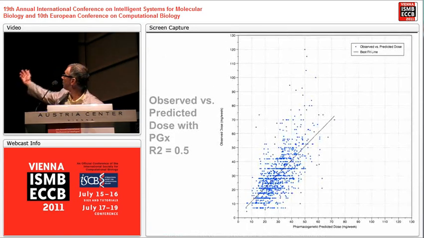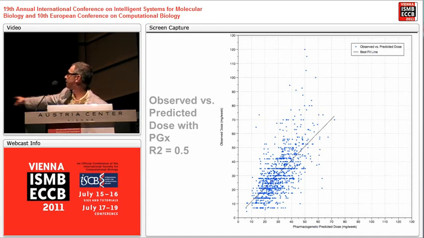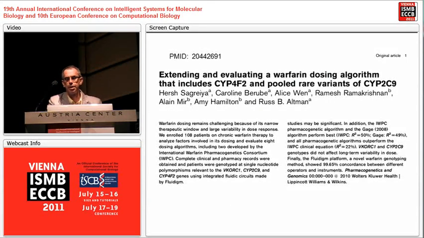And in fact, this is a plot of the observed dose of warfarin on the y-axis versus the predicted dose on the x-axis, and this was a pretty good correlation with about 52% of variation explained by the genetics combined with clinical data. Then we were interested in extending this for rare variants.